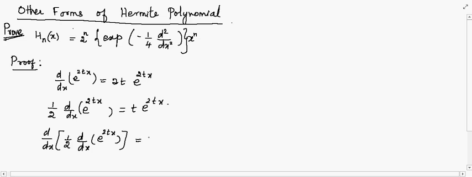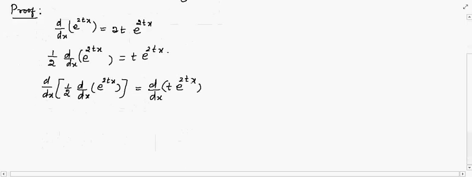This is nothing but d by dx of t e power 2tx, which is nothing but 2t square e power 2tx.